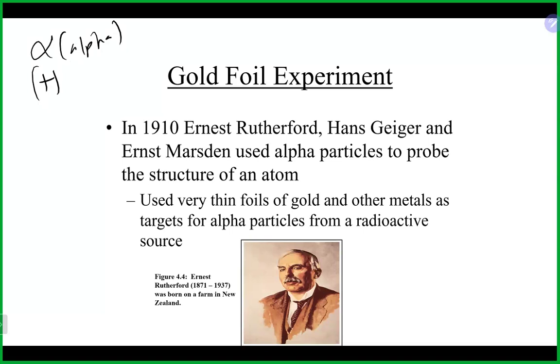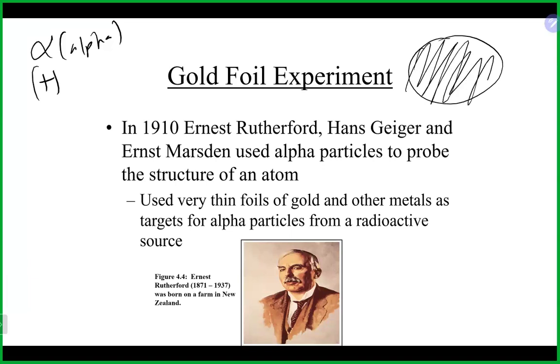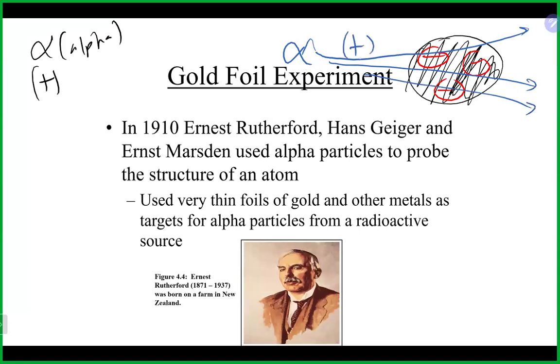What actually happened here was very different from what they expected. Based on the plum pudding model, where we have all this positive charge spread out and our electrons embedded inside, they assumed that when they shot these positively charged alpha particles at these atoms, the particles would go through with some deflection.